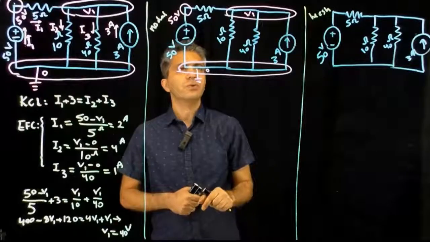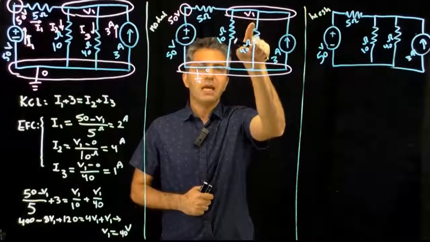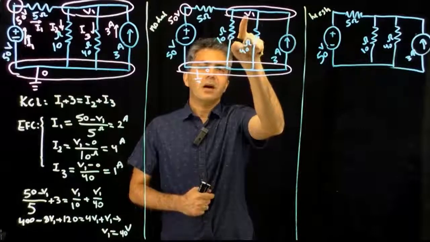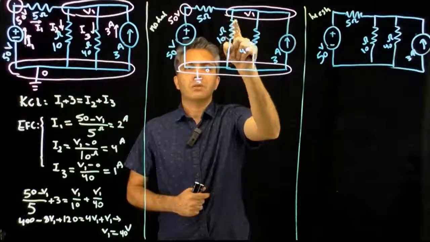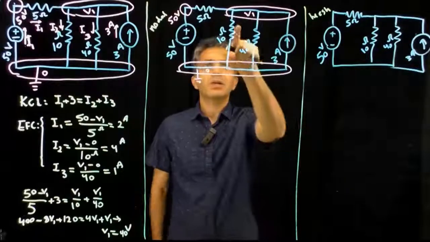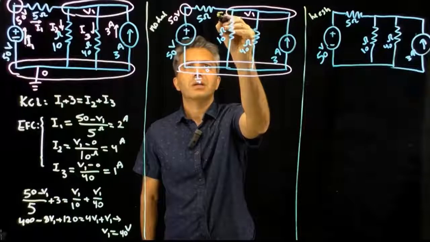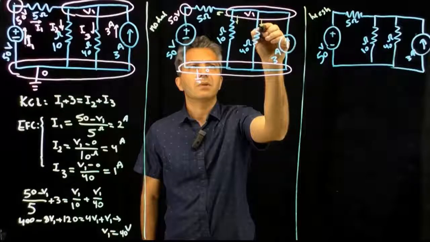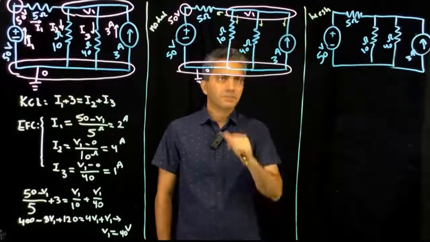What you do is write KCL for that node, assuming that the currents are all leaving that node. In other words, without calling them or putting a parameter here, you assume there's a current leaving V1 in this direction, in that direction, in that direction, and in that direction.